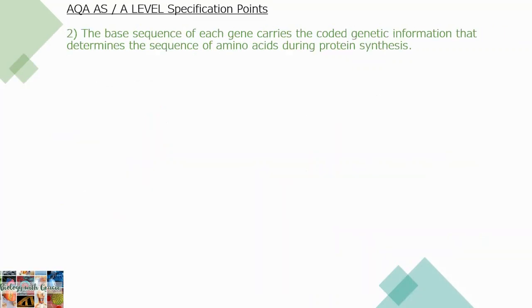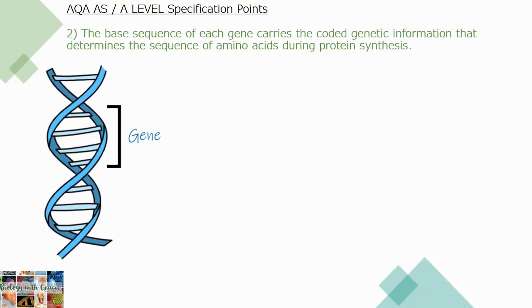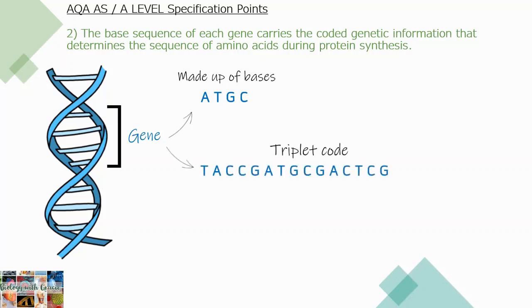So for our second specification point, here we have our DNA molecule with our gene selected, and genes are made up of bases, so A, T, G and C. And it is in fact the triplet code which determines the order of amino acids. So a 3 base sequence codes for a particular amino acid.